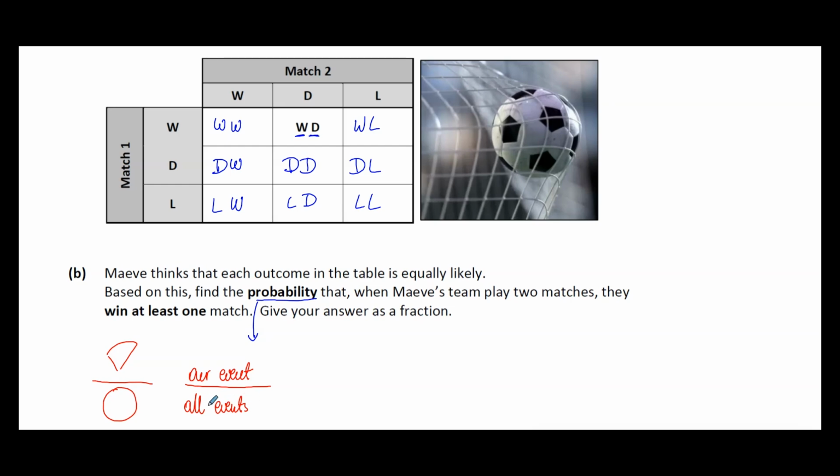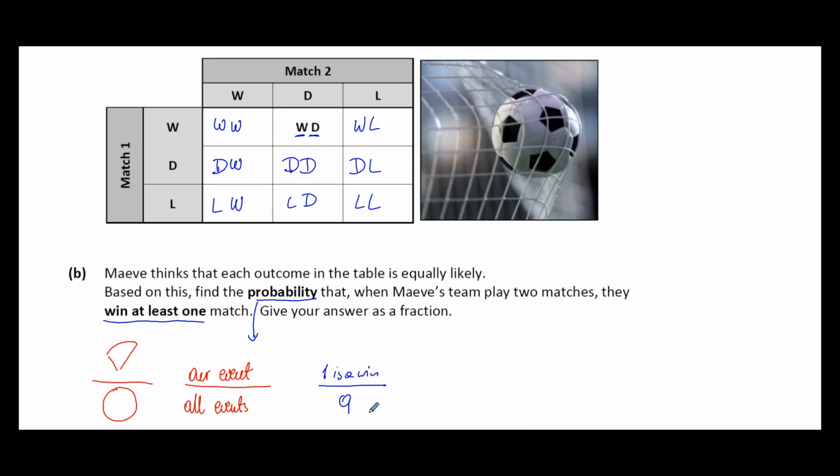So always the easiest part is to figure out all events. So all events are all possible outcomes, isn't it? So we have 9, we know that. What about what kind of outcomes are we interested in? Win at least 1. So since they are playing 2 matches, at least 1 is a win.